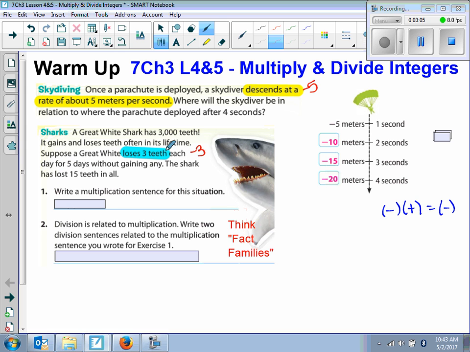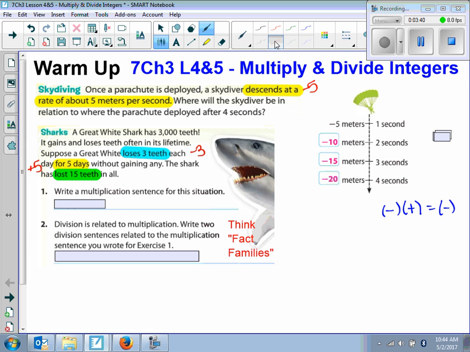And then it says each day for 5 days. So is that a positive or a negative? Positive. So that's going to be for 5 days, and that's going to be a positive 5. Right? So if I multiply that negative 3 times the 5 days, that means that he's lost 15 teeth in all. So when he lost 15, is that positive or negative?